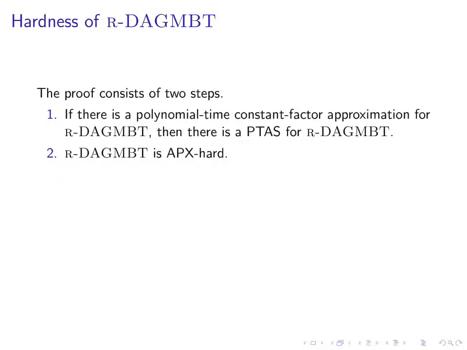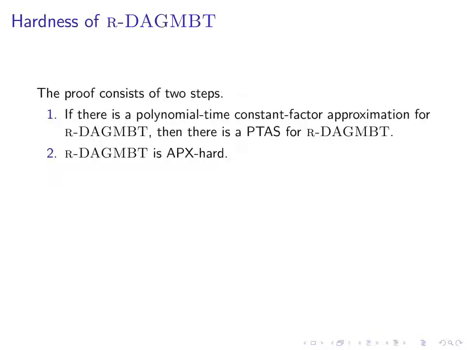The hardness proof consists of two steps. First, we show that if there is a polynomial time constant factor approximation for rooted DAG MBT, then there's a PTAS for this problem. This argument follows by a self-improving reduction, which amplifies the approximation factor. The second ingredient of the proof is the APX hardness of rooted DAG MBT.